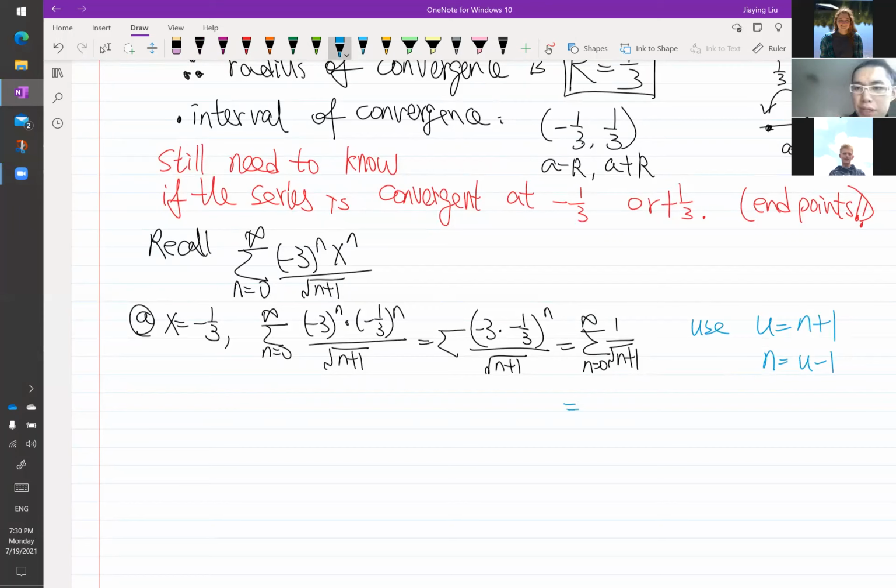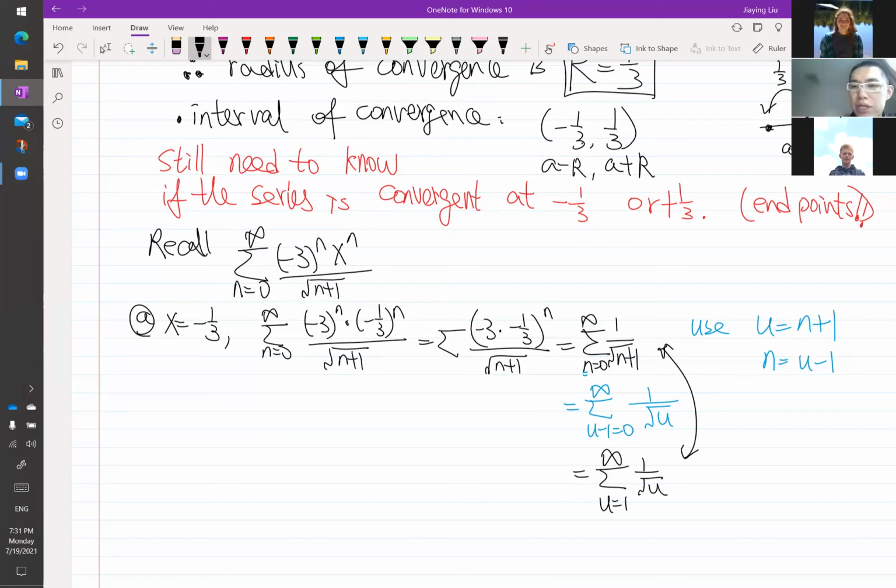So that gives the sum to infinity, and n equals 0 becomes u minus 1 equals 0, just replacing the n there, and 1 over the square root of u. So that's the sum from u equals 1 to infinity of 1 over the square root of u. So they're equivalent.